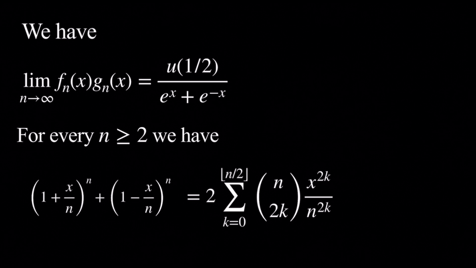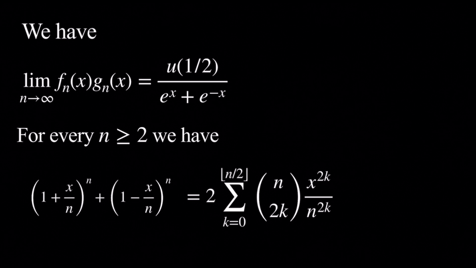We're going to start by noticing that (1 + x/n)^n + (1 - x/n)^n is equal to twice the sum as k goes from 0 to the floor of n/2 of n choose 2k times x^(2k) divided by n^(2k). Okay, so we see that on the right hand side, everything is positive because of the power 2k.